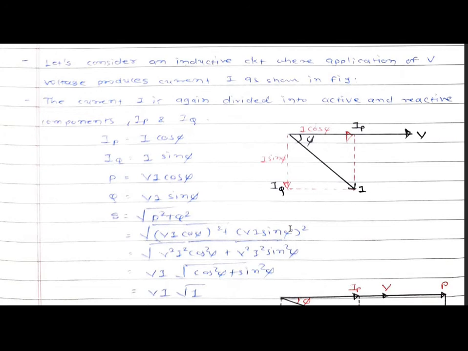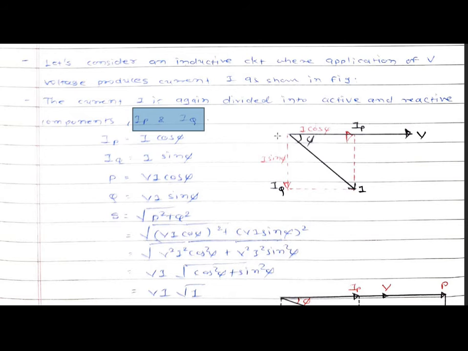Now consider an inductive circuit where application of voltage produces the current I as shown in the figure. The current I is divided into active and reactive components IP and IQ, where IP is the current's active power component and IQ is the current's reactive power component.